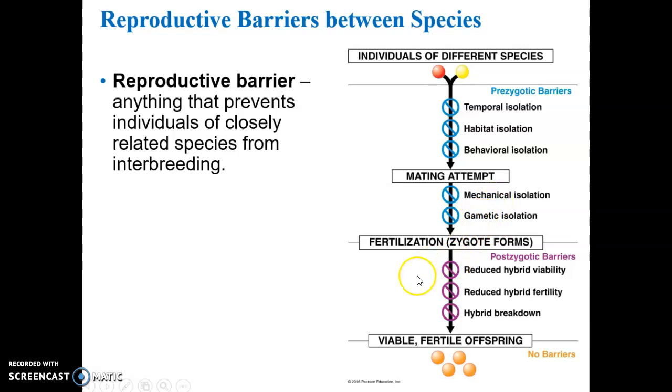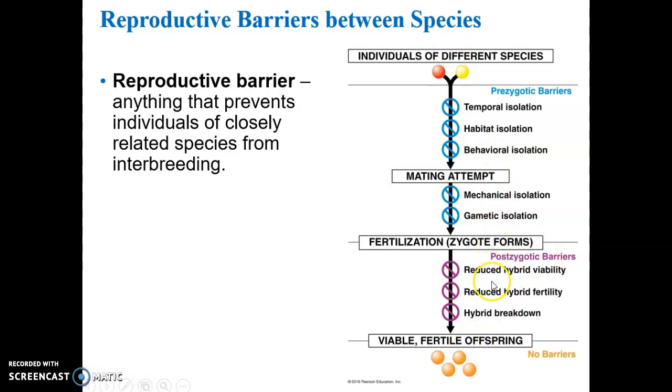If there are reproductive barriers that occur after the zygote forms, those are called postzygotic barriers, and there are a few of those. These exist to prevent the generation of fertile offspring after the zygote has been produced. So there are prezygotic barriers and postzygotic barriers.